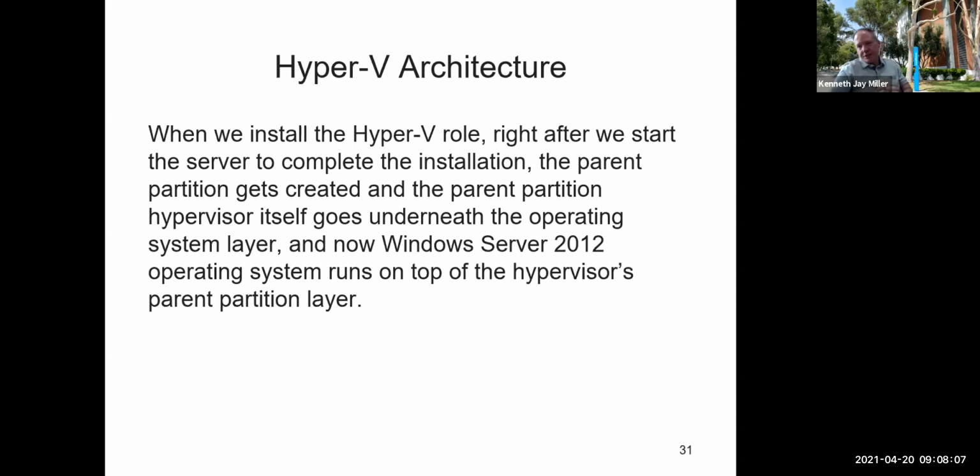Now, when we install the Hyper-V role, right after we start the server to complete the installation. Now, unfortunately, or depending on your vantage point, maybe fortunately, because we're remote, we're not able to do this part of the process.